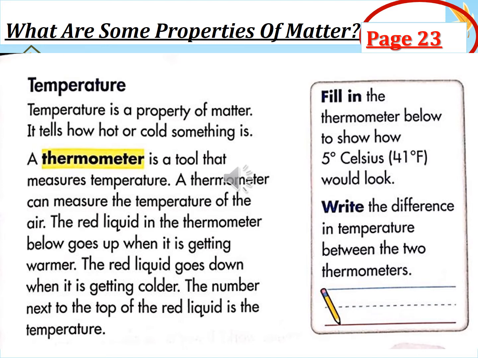The red liquid in the thermometer below goes up when it's getting warmer, while the red liquid goes down when it is getting colder. The number next to the top of the red liquid is the temperature. Now, my question is, how do you read the temperature on a thermometer?